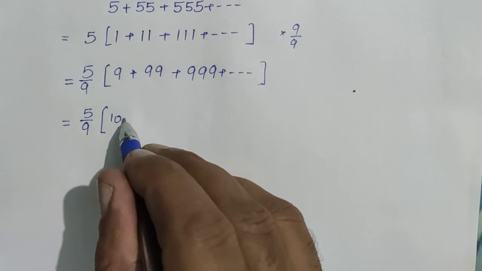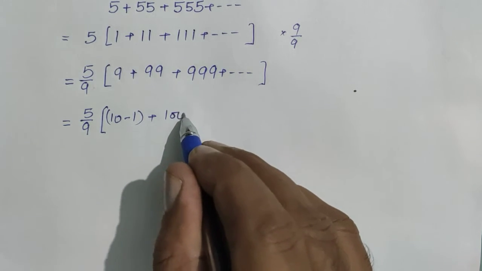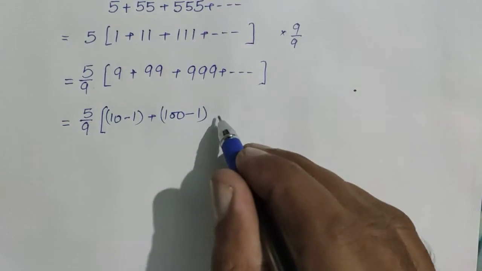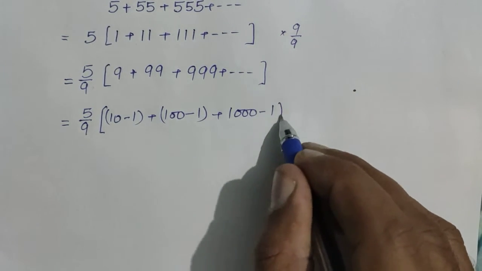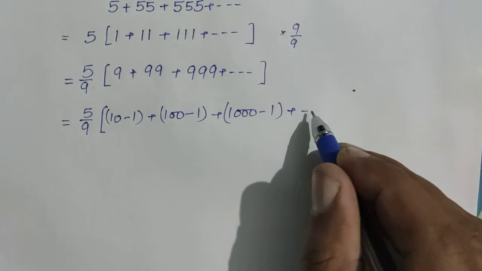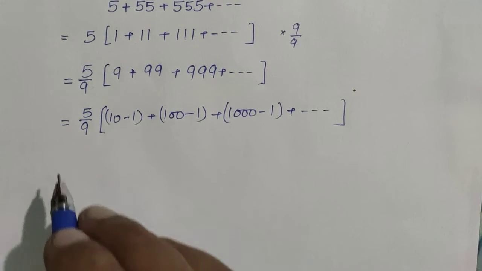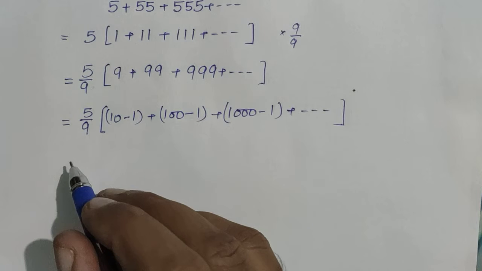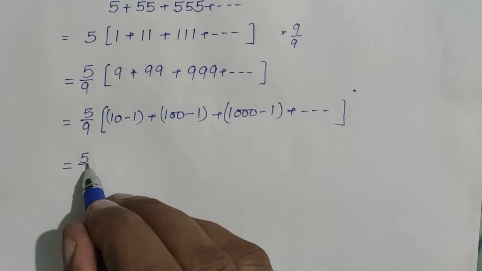I could write it as 10 minus 1 plus 100 minus 1 plus 1000 minus 1 plus and so on. So now hope you are able to see it is converting into some GP also.